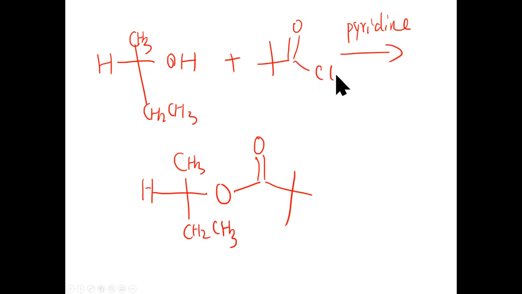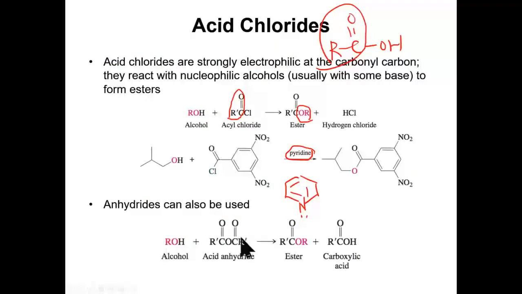Okay, so if you have a chlorine connected to carbonyl, and on the other side a hydrocarbon, this is called an acyl chloride, and obviously we know there is a hydrogen chloride product. The hydrogen chloride will be absorbed by pyridine. And similarly, you also can have an acid anhydride serve as the acyl group donor.